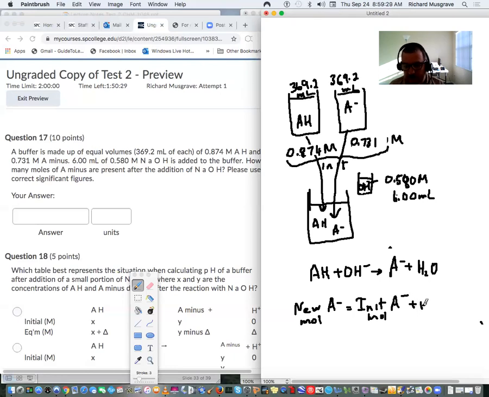So the new A minus is going to be the initial moles of A minus plus the moles of OH minus that we're adding. So that's going to be 0.731 molar times the volume in liters, and that's going to be plus the amount of OH minus being added, and that'll be the moles.